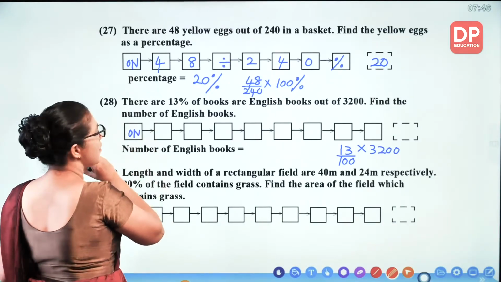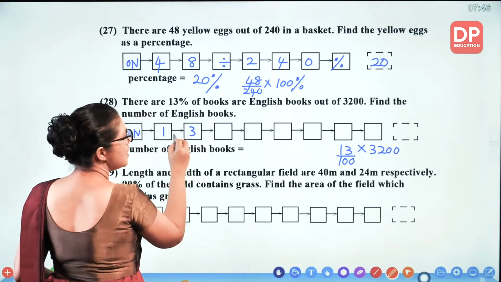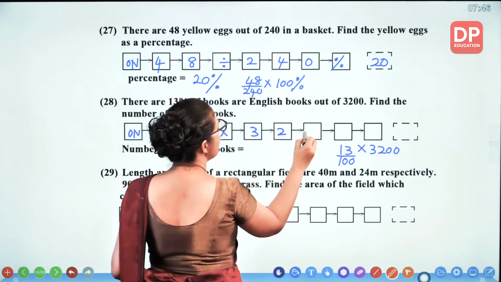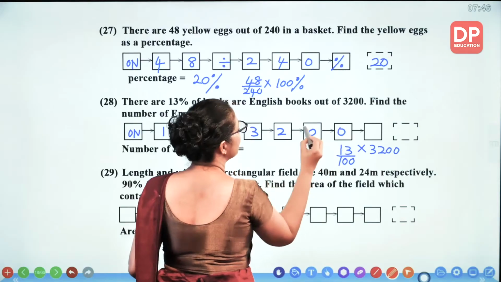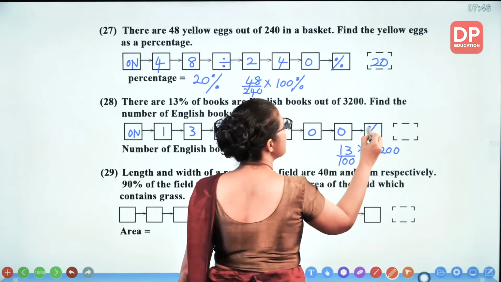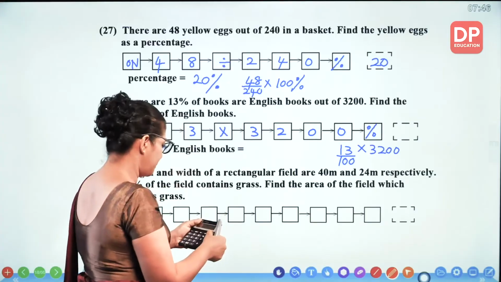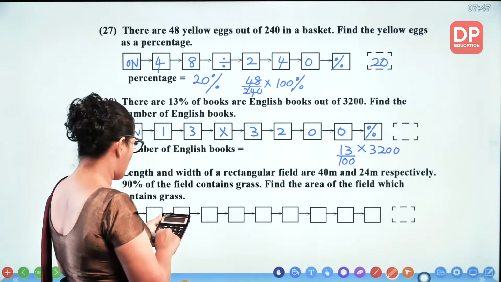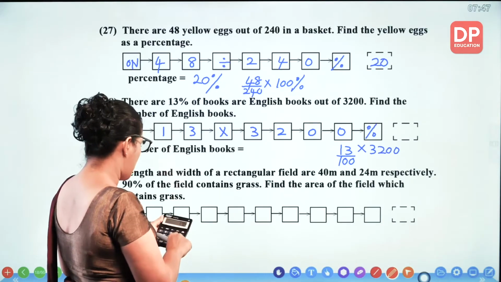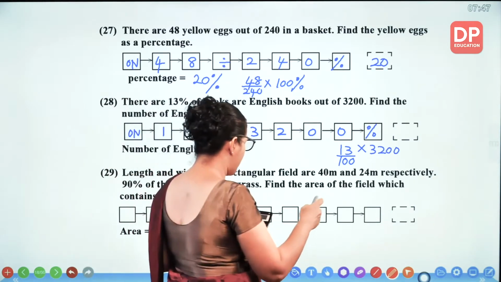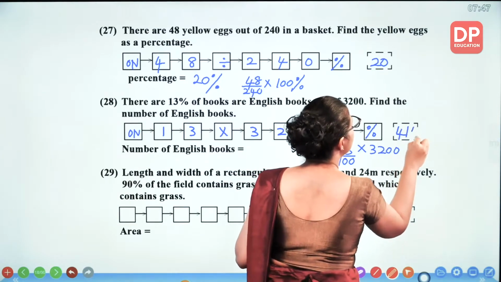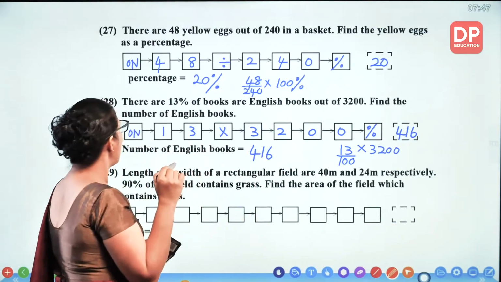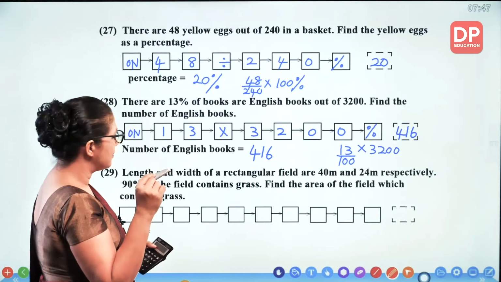Switch on, 13 times 3,200 and then press the percentage sign. You get 416. So the number of English books is 416.